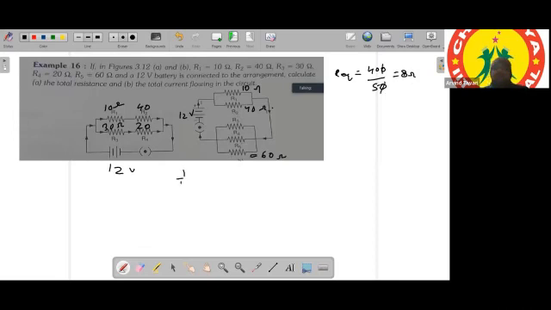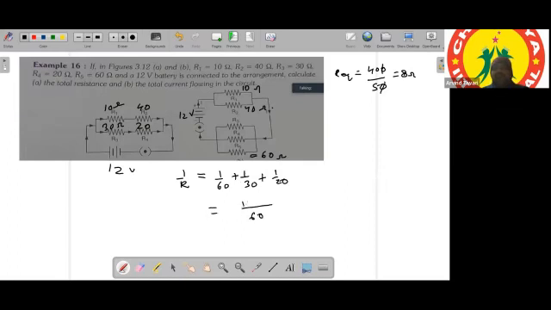For the lower part, 1 over R will be equal to 1 over 60 plus 1 over R3, that is 30, plus R4, that's 20, 1 over 20. So LCM comes out to be 60.